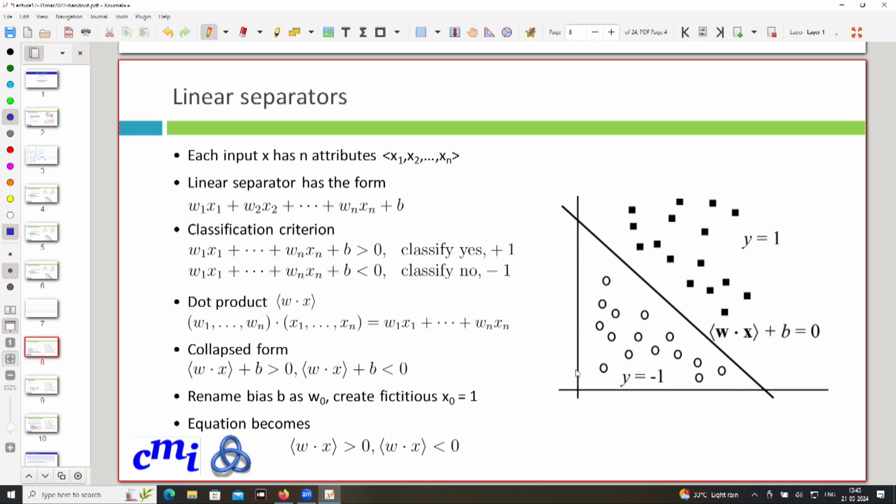The hyperplane itself is defined when this equation is equal to 0, for those values of x where this equation is equal to 0. For other points, if the value of the equation comes out to be positive, then they're classified as positive points. Otherwise, they're classified as negative points. This is how this hyperplane is classifying the set of points in this vector space.